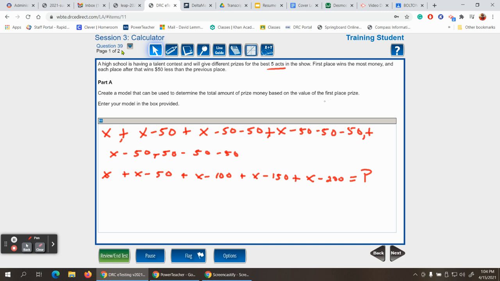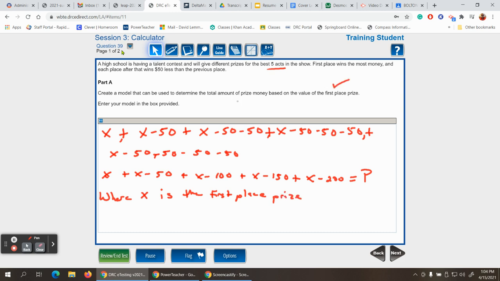Well, what is the first place prize? X, right? So there's my equation, where X is the first place prize, which is what they were looking for.